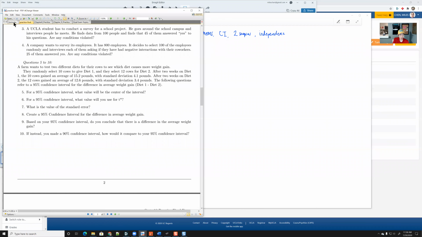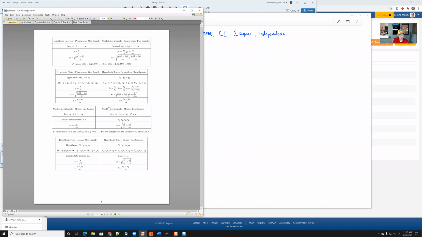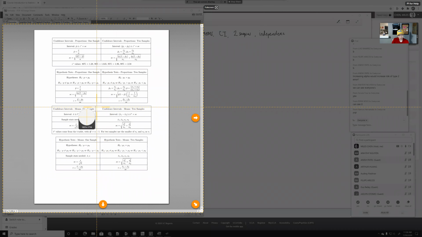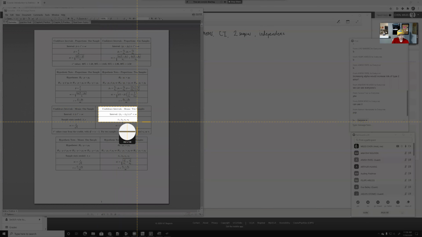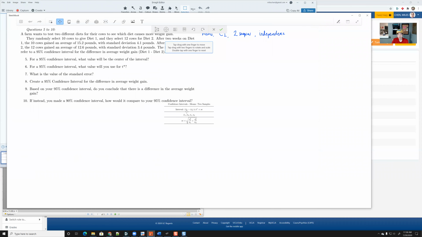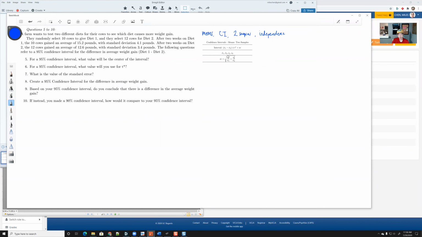So you know what? I'm going to go ahead and copy some of these formulas over. If you're going to make a confidence interval for means with two samples, this is basically it. So our interval is x bar 1 minus x bar 2 plus or minus t star times the standard error, and the standard error is this formula right here.